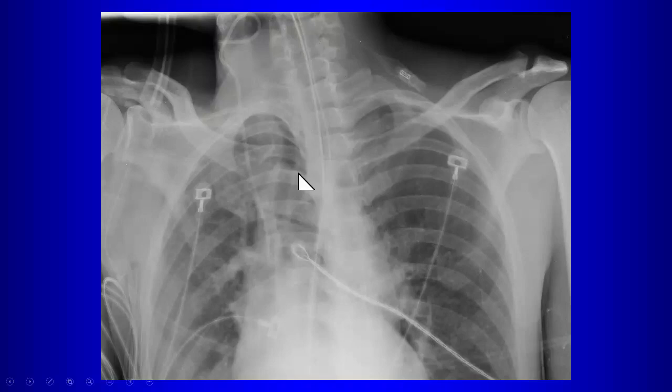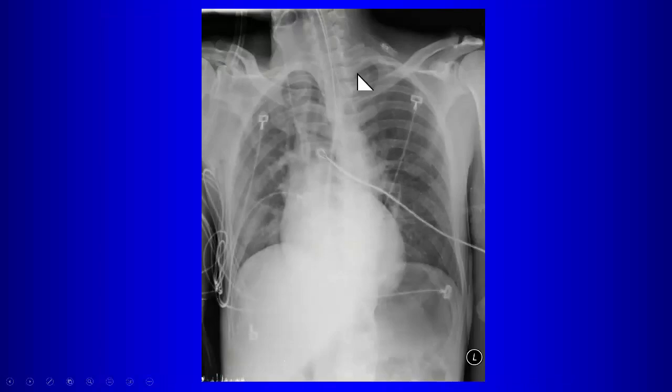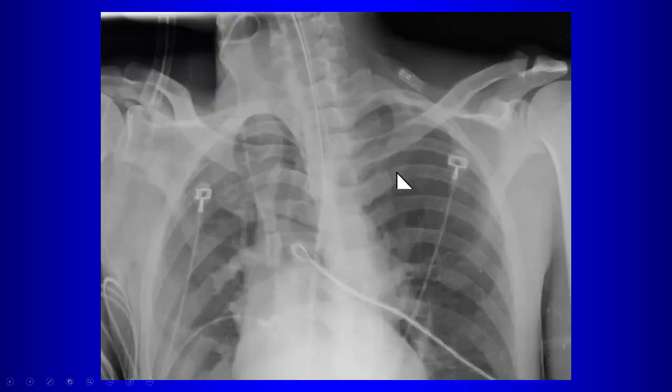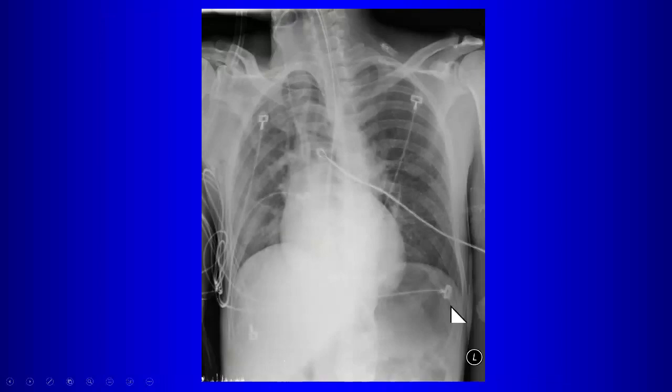Okay? So let's go back to the film. The rotation actually helps you here because it takes the tracheal air column off of where the ET tube is, right? Exactly. So here's the trachea, here's the esophagus, this is esophageal intubation, and that's why there's gastric distension.